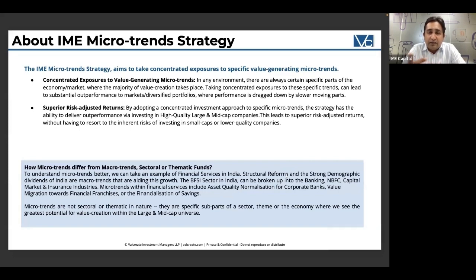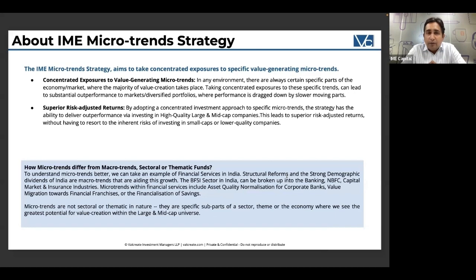As these NPAs have now been fully recognized, you're entering a period where earnings growth can be very attractive, since you're no longer taking the hit of this corporate pain. You're also seeing value migration towards financial franchises, or the financialization of savings schemes. So there are various sub trends within a larger industry or sector, and that's really what we are seeking to identify and take concentrated exposures on.